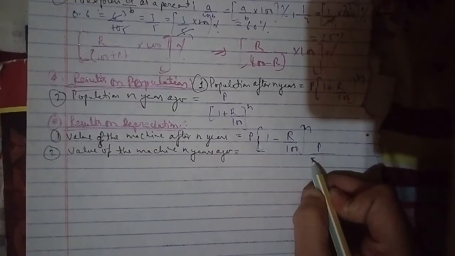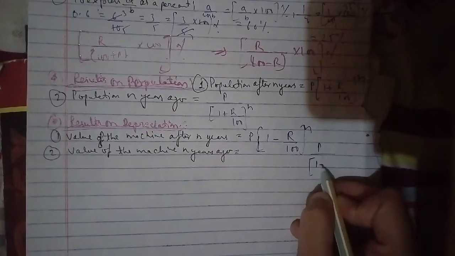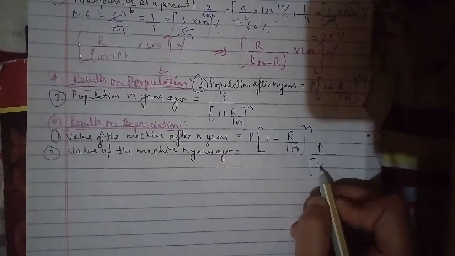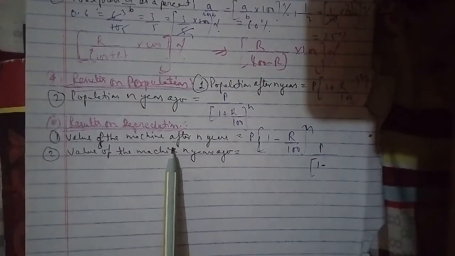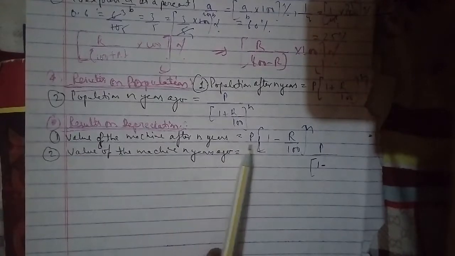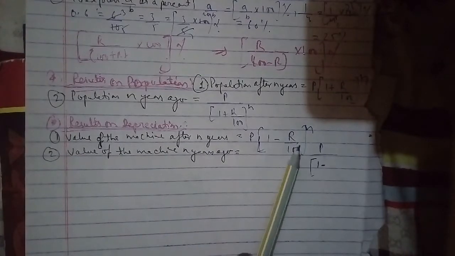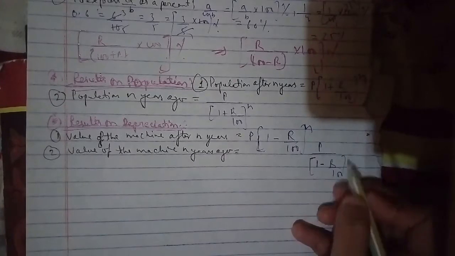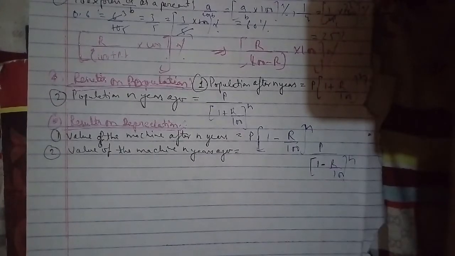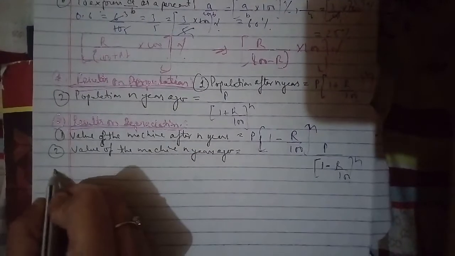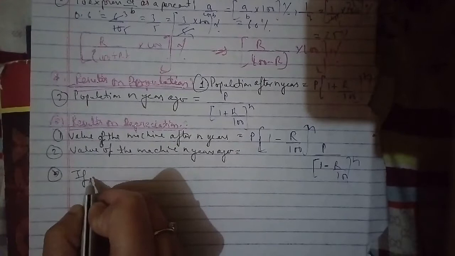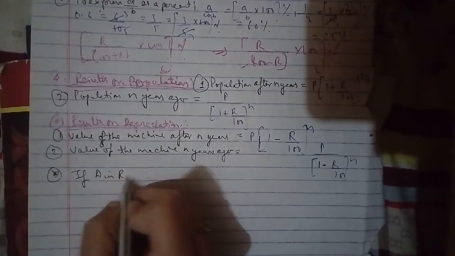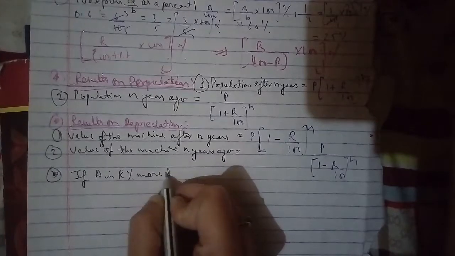Now if A is R% more than B, then B is less than A by R upon (100 + R) into 100%.